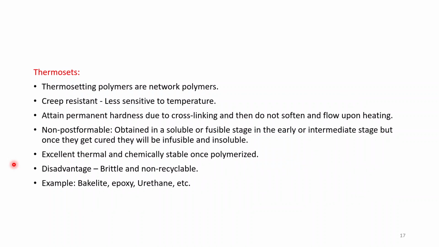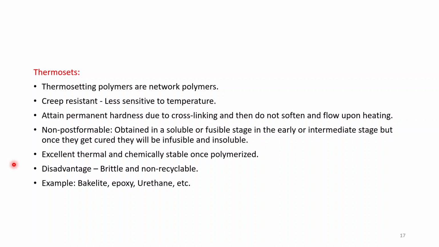Next you have thermosets. These are network type polymers and they are creep resistant, so they are less sensitive to temperature. They attain permanent hardness due to cross linking and do not soften and flow upon heating. They are non-post formable, so once they are formed, their shape can't be changed by just heating.